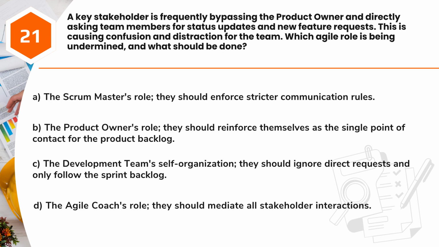B. The product owner's role: they should reinforce themselves as the single point of contact for the product backlog. C. The development team's self-organization: they should ignore direct requests and only follow the sprint backlog. D. The Agile coach's role: they should mediate all stakeholder interactions.